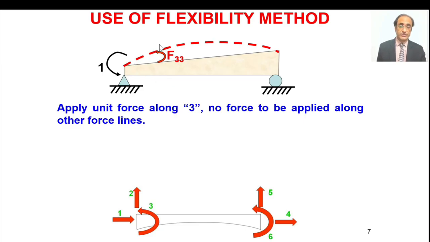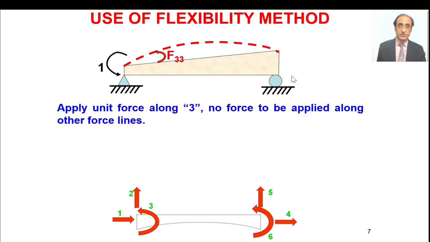way flexibility coefficient is defined, that F33 is the displacement along the degree of freedom 3 when we apply a unit force along the degree of freedom or the line of action of force 3 such that there is no other force acting. So this rotation is F33.